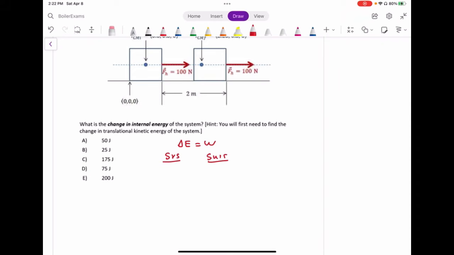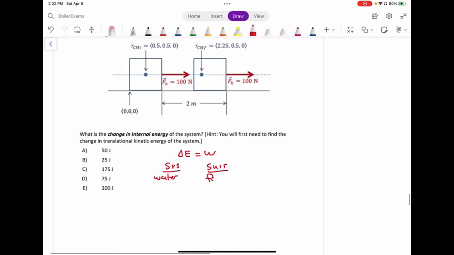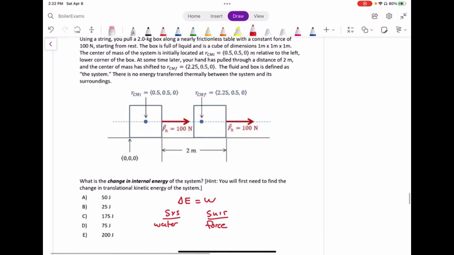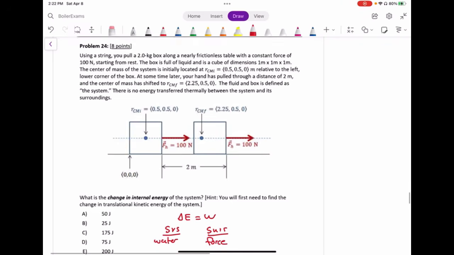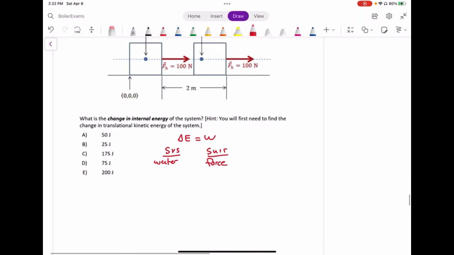System: the water in there, the water, and then force. I'm going to say the force you're exerting is in the surroundings.